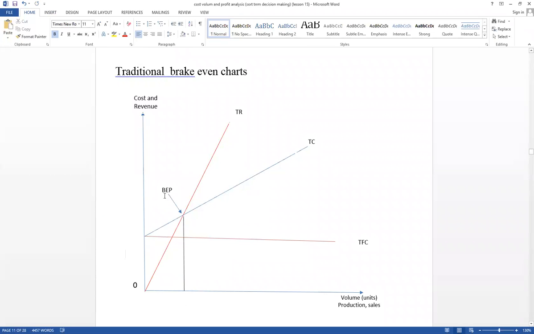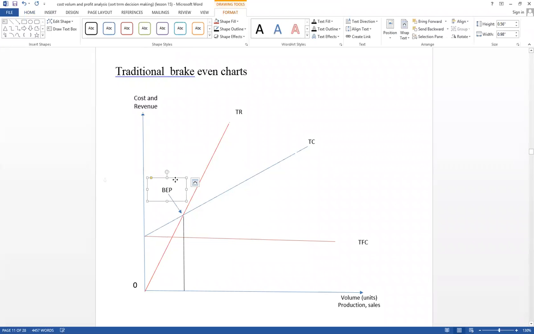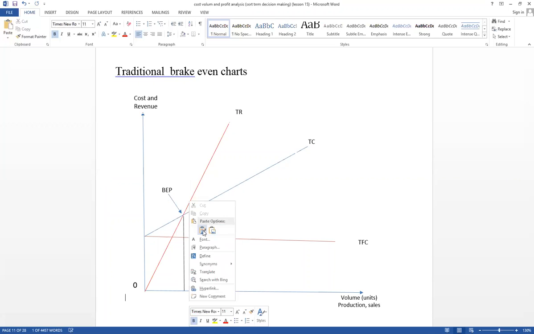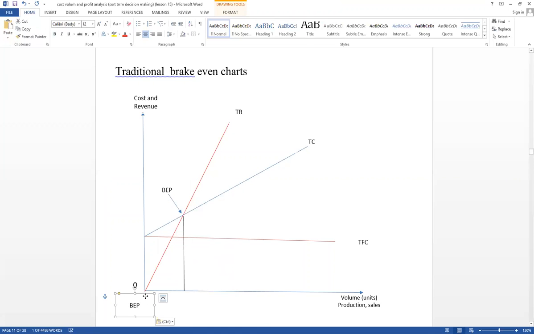Therefore, this is a break-even point quantity. You have to know how to disclose break-even point quantity as well as break-even point value. And break-even point value, think about this part, here available value.